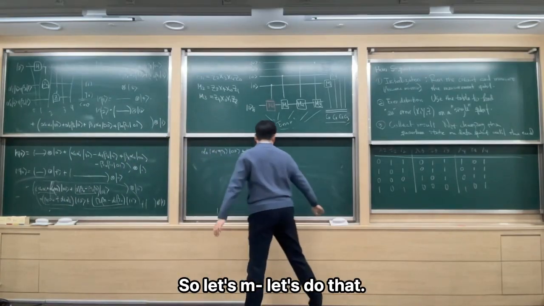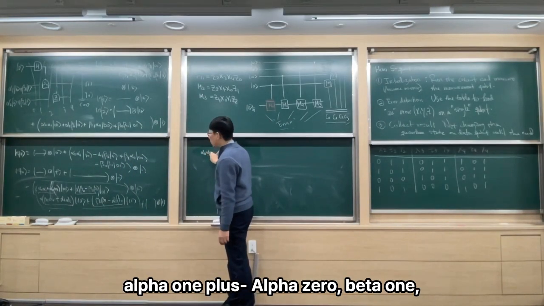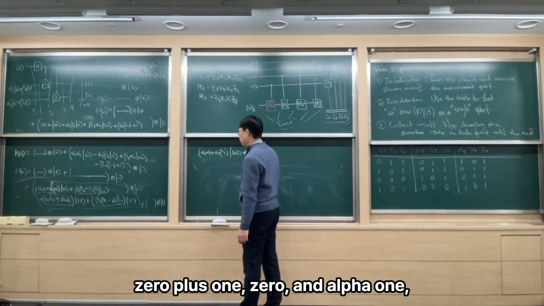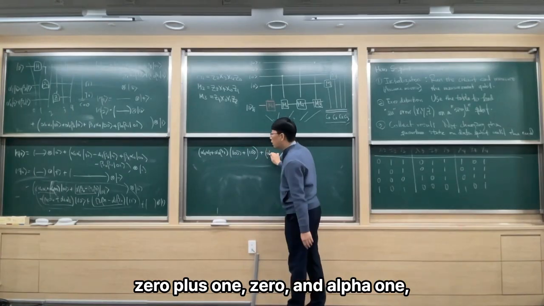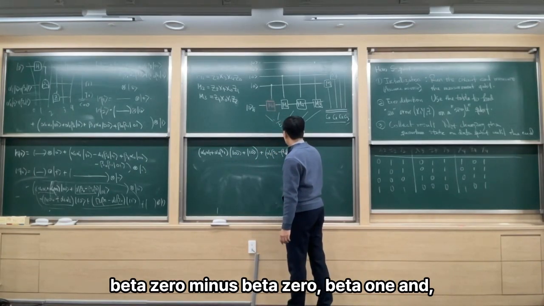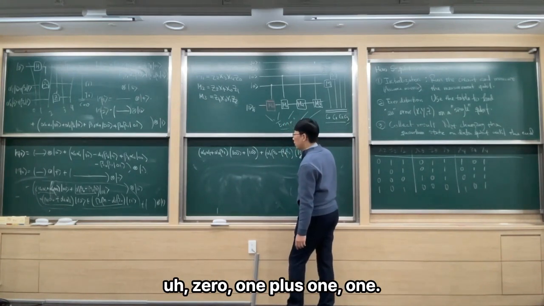So let's do that. So we have alpha 0, alpha 1 plus alpha 0, beta 1, times 0, 0 plus 1, 0, and alpha 1, beta 0 minus beta 0, beta 1, times 0, 1 plus 1, 1.